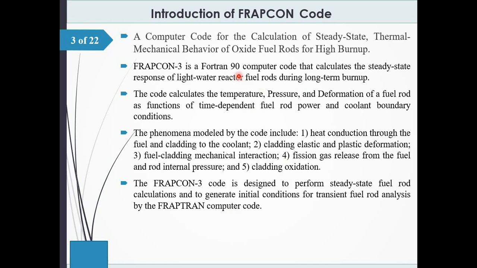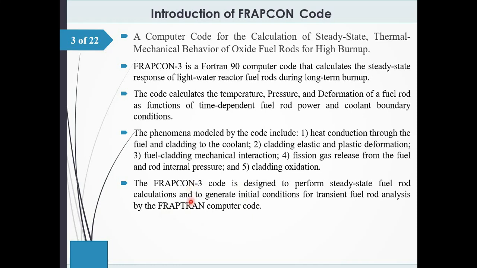And as I mentioned, FRAPCON is used for calculation of the fuel rod at the steady state in the reactor. When you want to calculate the transient condition, we should use another code, FRAPTRAN. We should know at the start of this course that FRAPCON is used for the calculation of the fuel rod at the steady state before the transient condition.